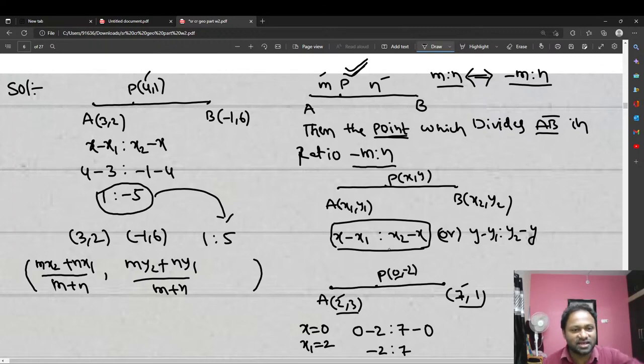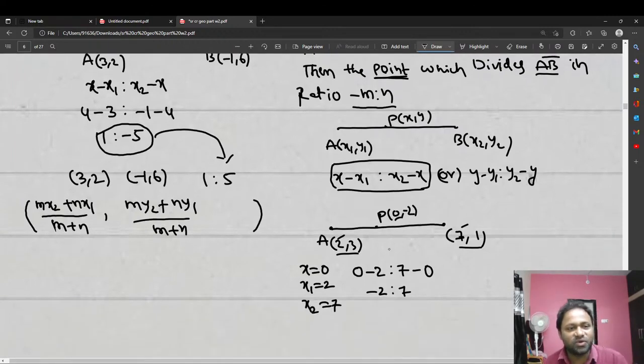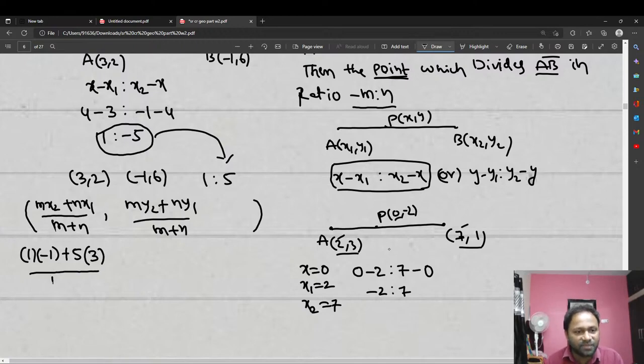I am going to substitute. m is 1, x2 is minus 1, plus n, n is 5, into x1, the value of x1 is 3, divided by m plus n, 1 plus 5.